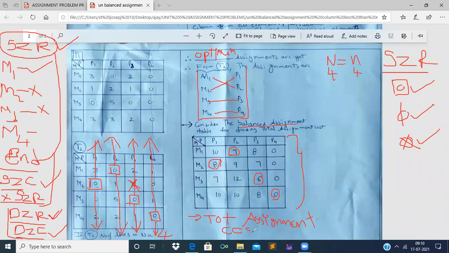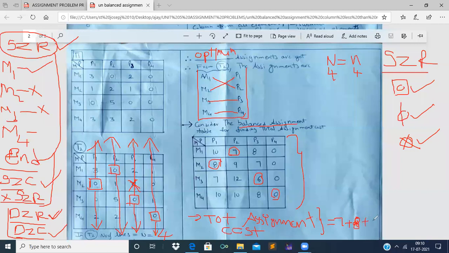So what is the total assignment cost? It is obtained by adding all these assignments, right? 7 plus 7 plus 8. The second assignment is 8 plus 7 plus 8, right?